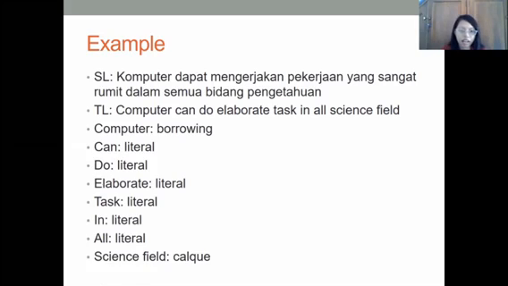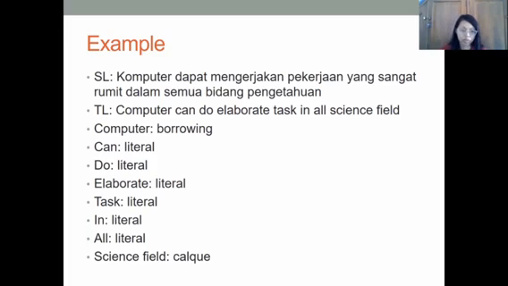I break down each word and categorize them under the direct translation category. There are literal translation and calque, and many of them are literal translation. Let's start with the explanation of why I chose each category.